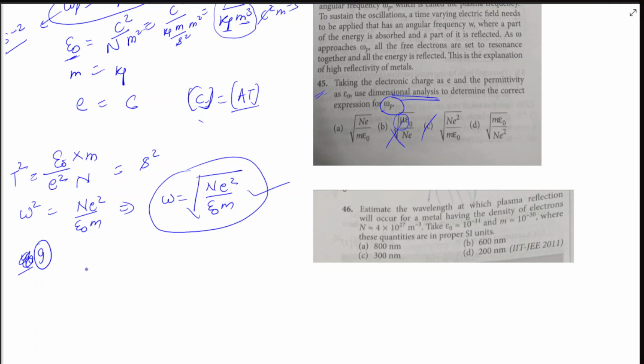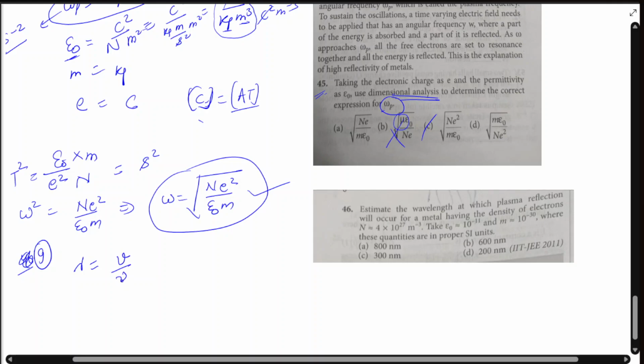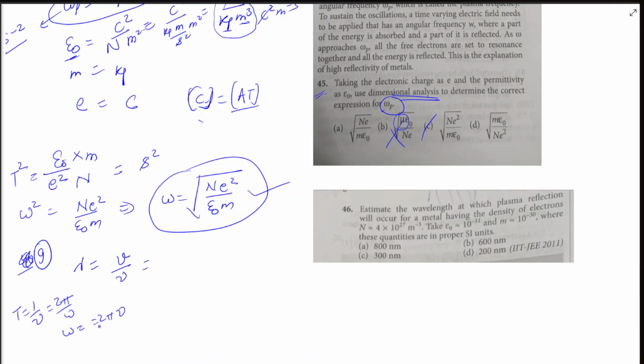So we know the formula for wavelength. It is v divided by frequency, and we know frequency. Look, time period is 1 by frequency, and time period is also 2 pi by omega. So omega will be 2 pi nu, right?